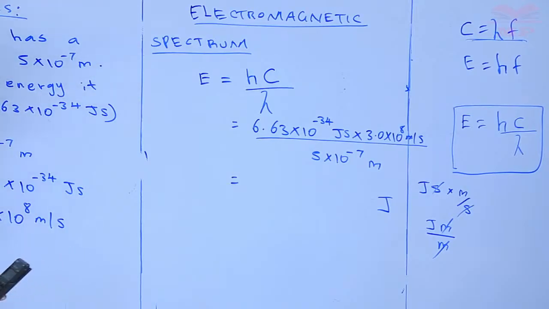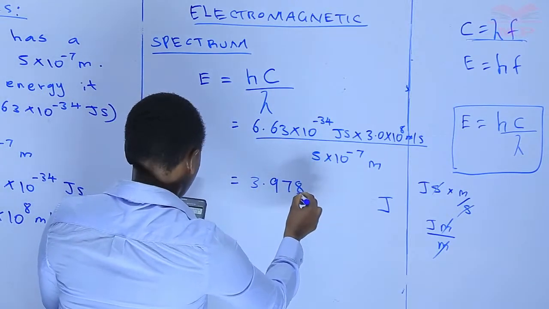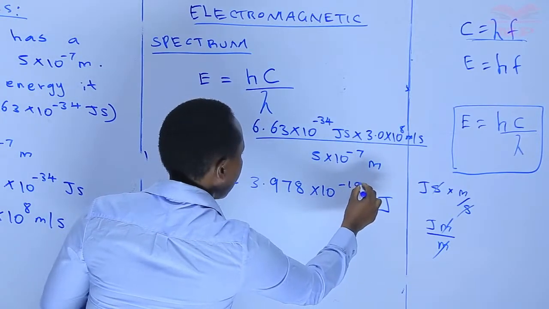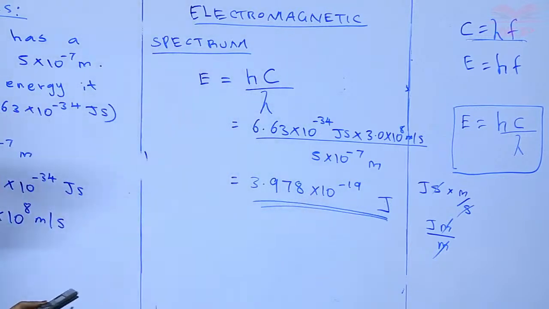So what do you end up getting as the final answer? You end up getting 3.978 multiplied by 10 raised to power negative 19. And as we have said, it is in joules.